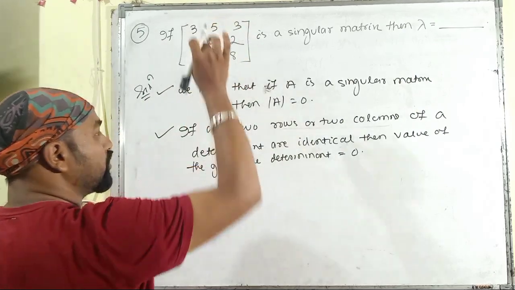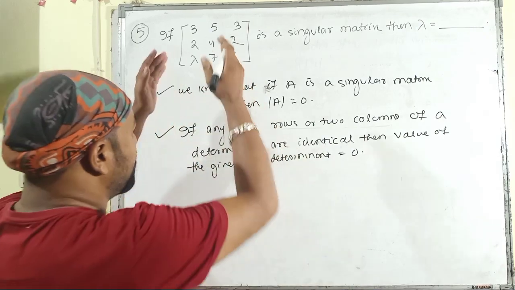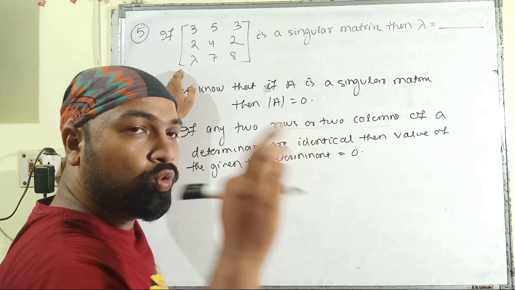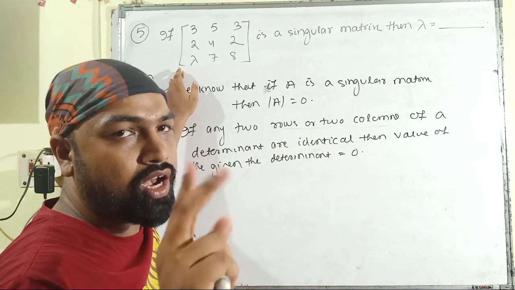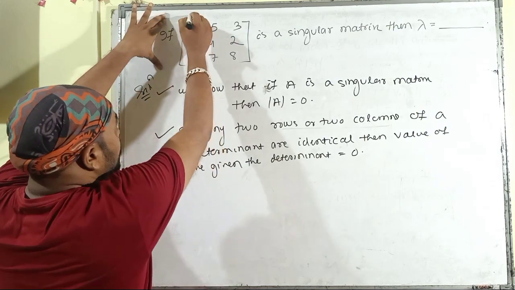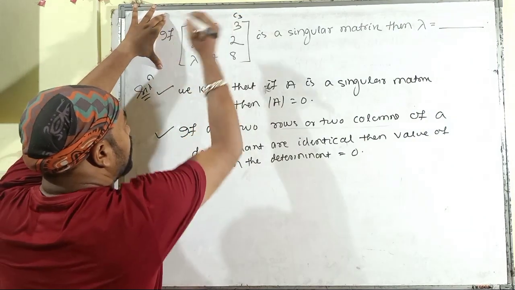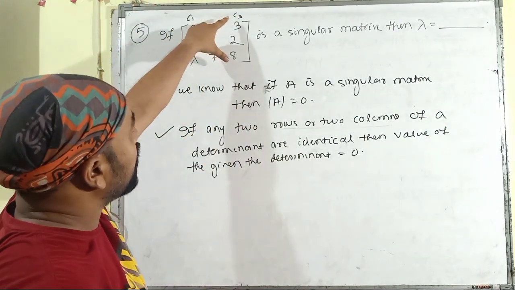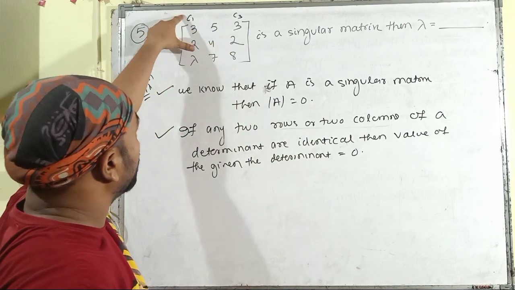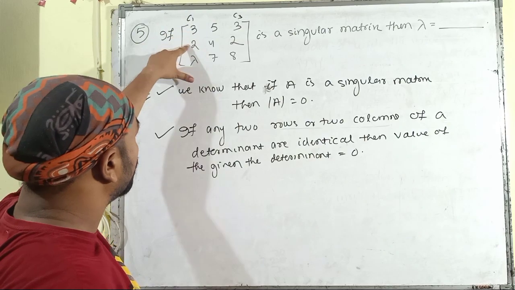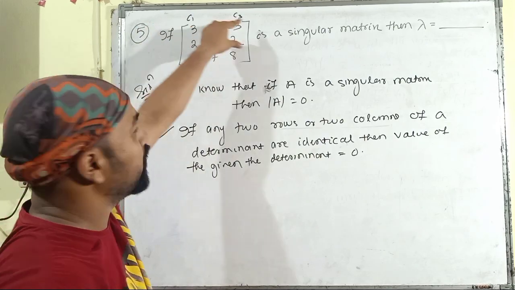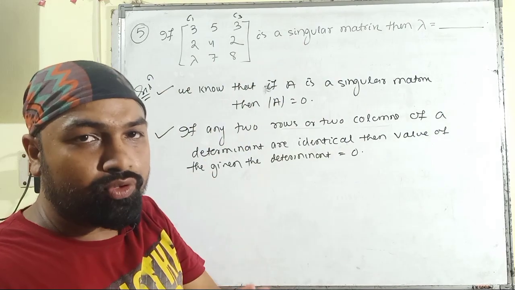that means the determinant of this matrix is equal to 0, and the determinant of this matrix will be 0 if and only if two rows or two columns are identical to each other. You can see that this is the first column and this is the third column. The third column consists of the elements 3, 2, 8, and the first column consists of the elements 3, 2, lambda. The first two elements of the corresponding two columns are identical with each other.